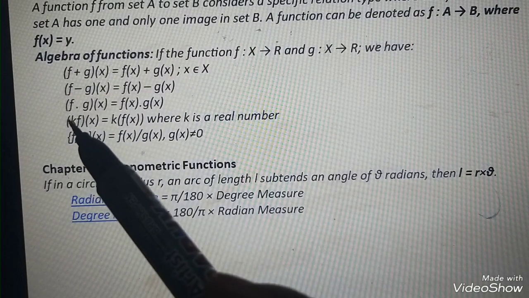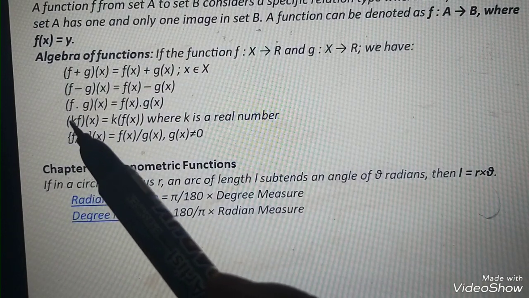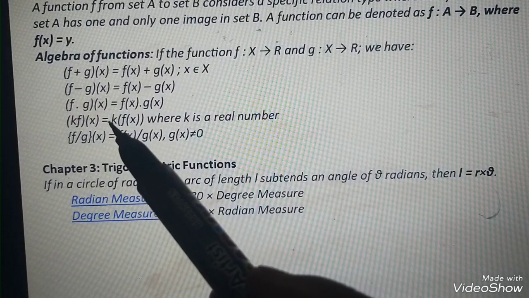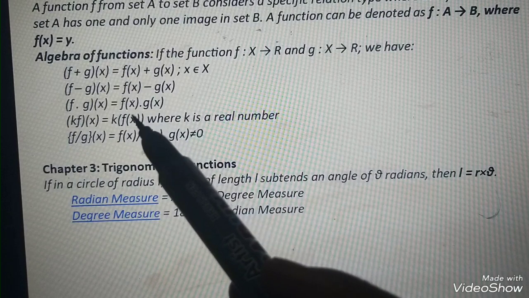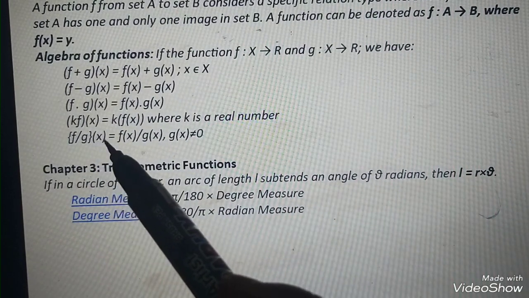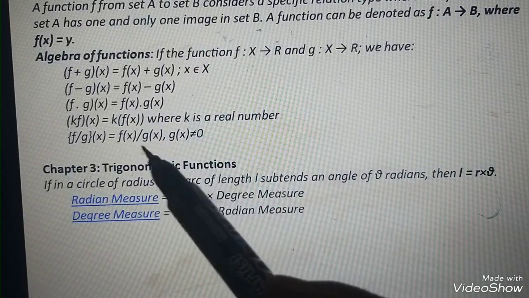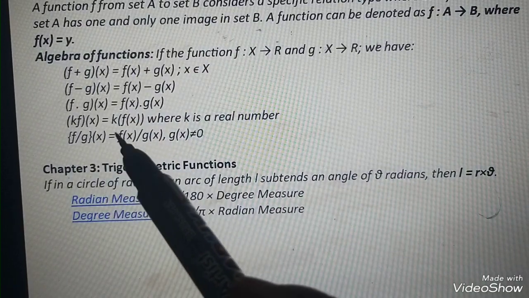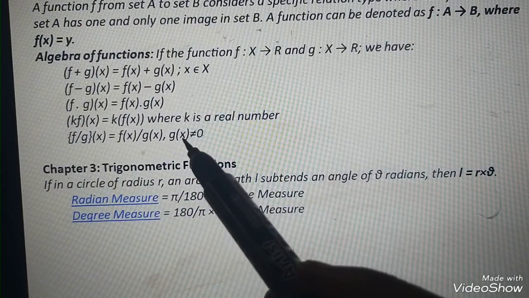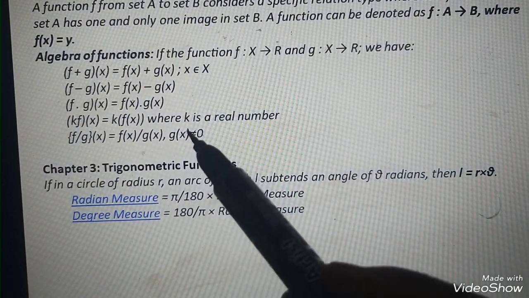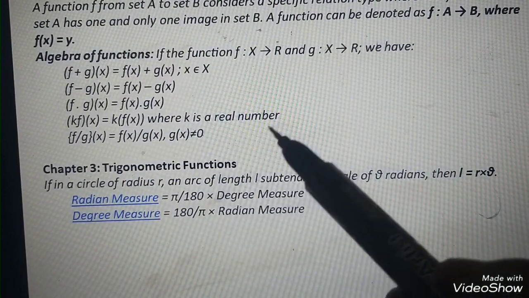Okay, k is a constant here and it is a real number. k f of x means k is written outside and we multiply f of x. F by g of x, this is division. F of x by g of x, we have to separate the functions and divide f of x by g of x, where g of x is not equal to 0. It must be not equal to 0. Denominator is always not equal to 0.